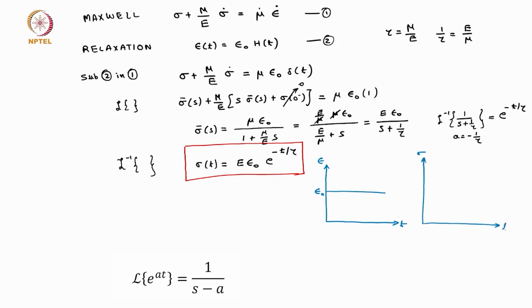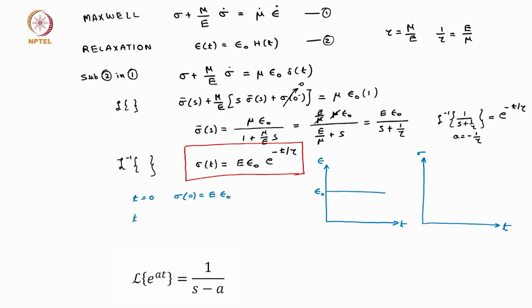Let us first plug in time t equal to 0 and see what we get for stress. At time t equal to 0, the stress is E epsilon naught times e power 0. E power 0 is 1. So, what we get is simply E times epsilon naught.